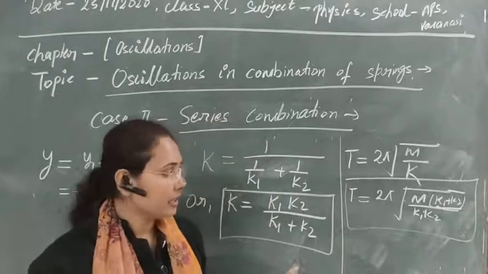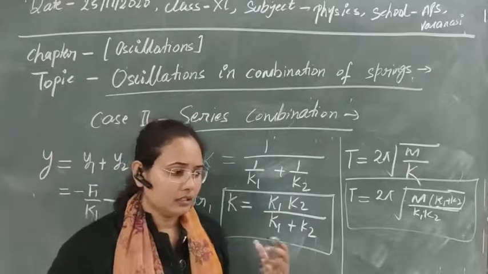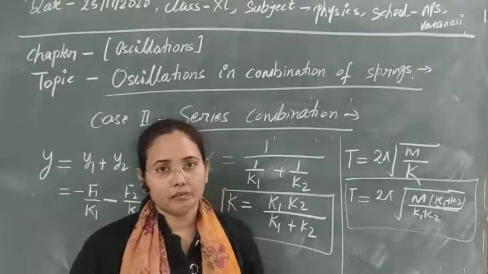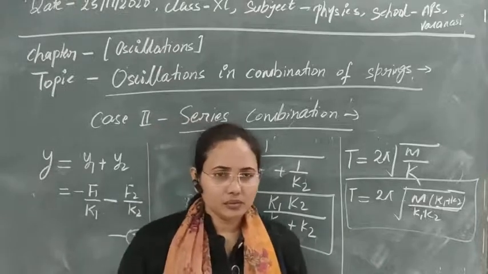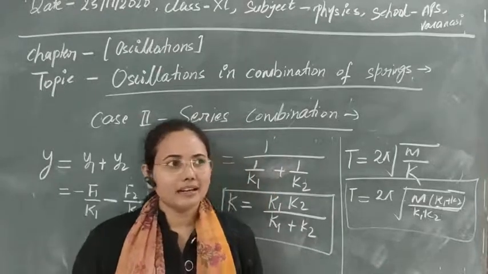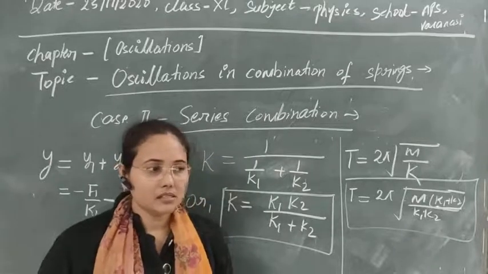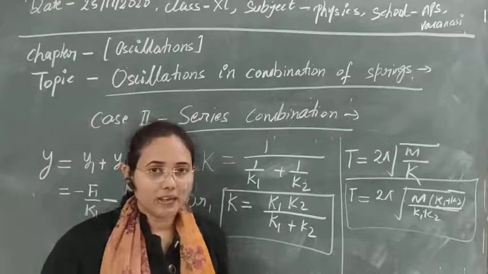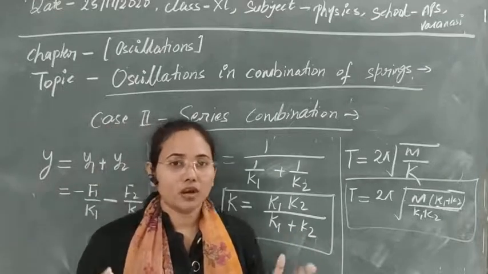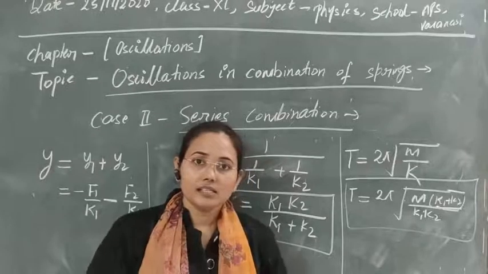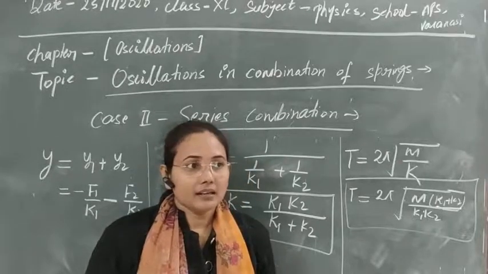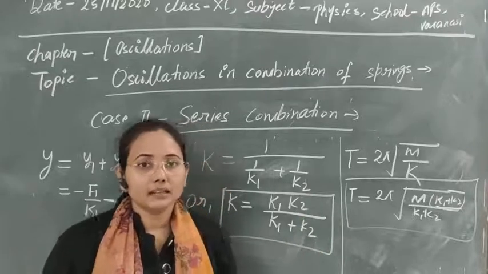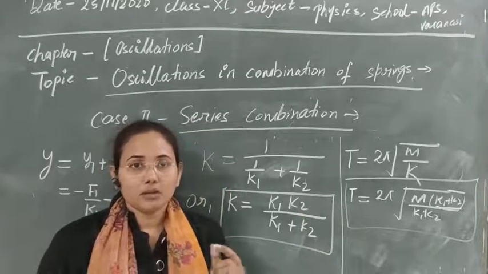So these two factors matter, meaning the way in which we connect the springs. Now suppose we want rapid oscillation, then which combination is suitable? In rapid oscillation we need a smaller time period, meaning one oscillation should take less time. If we join the springs in parallel, the time period will decrease, so it will take less time to complete one oscillation than in series.